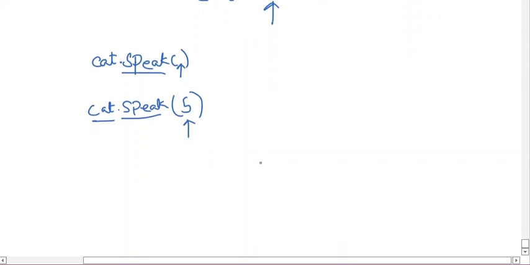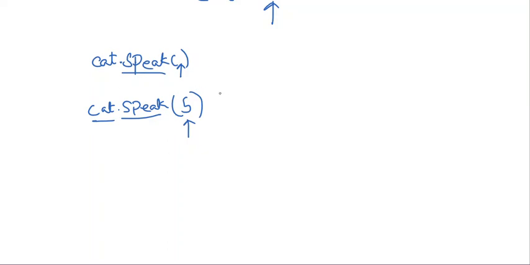Now what can happen here is both of them return the same type, but the compiler is very sure which implementation of speak it is going to call by looking at the method signature. Now if I told you what the method signature is, the method signature for this particular method is public void speak, right?